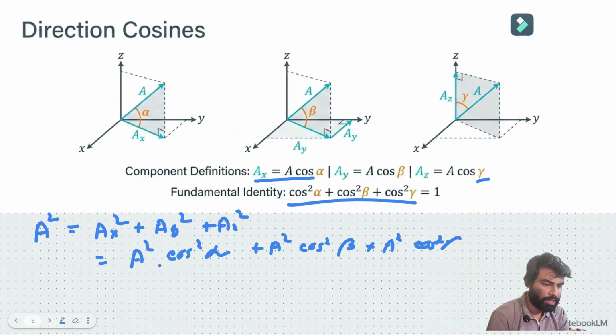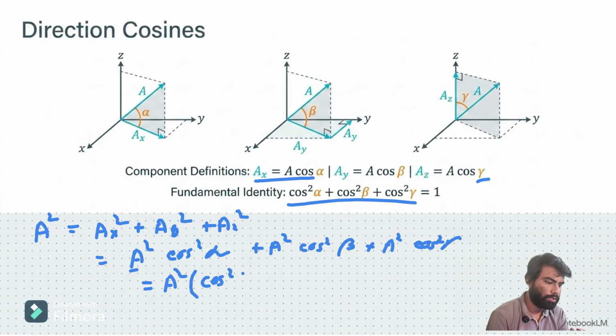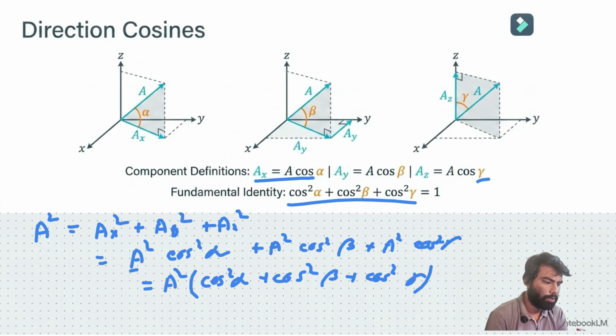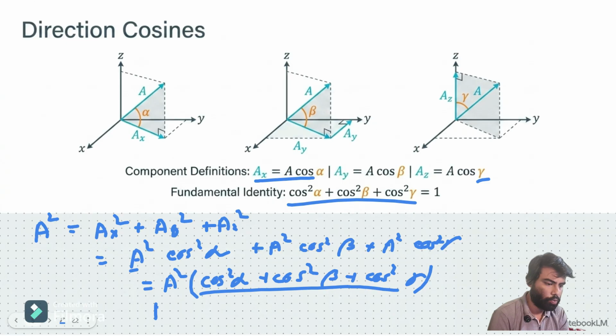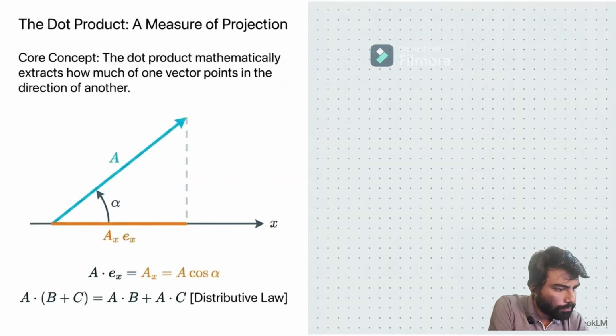If you take a square common, then you see a square times cos square alpha plus cos square beta plus cos square gamma. The a square cancels out, so that these terms sum to 1, one of the fundamental identities.